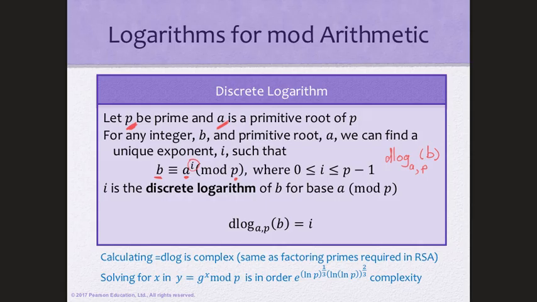So if I want to calculate a discrete logarithm for a specific integer b, modulo a prime number p, and for a base a which is a primitive root of p, then the solution for this equation is the logarithm, is the i. Okay?